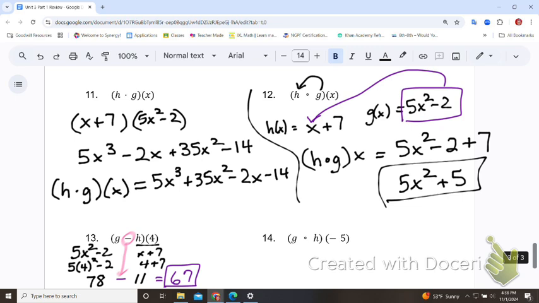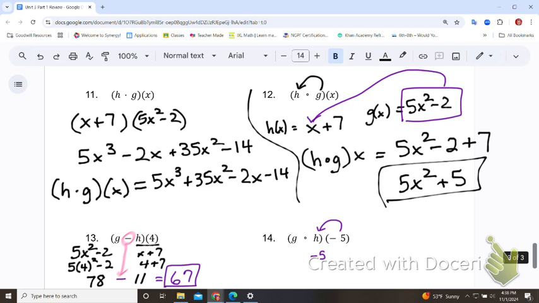Number 14 is our composition one. Although also do not try to use what you did in number 12, because it is different if the order is different. Compositions are not commutative. The order matters. And so here we're going to take -5 into the h function. So the h function is x plus 7.